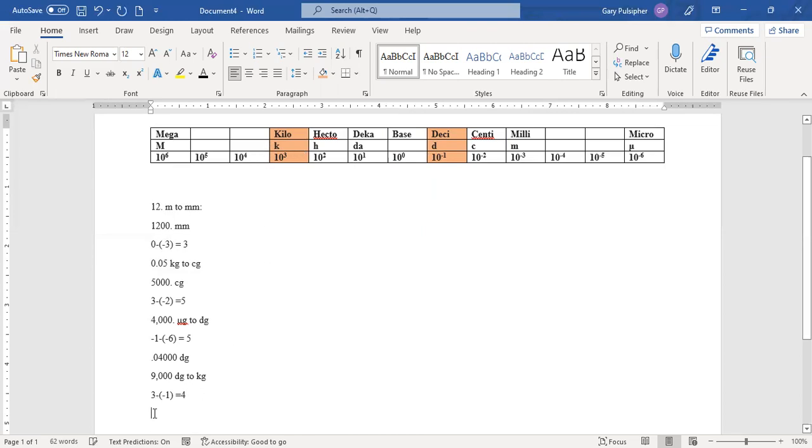So the answer would be 0.9000, right? I started with my decimal right there where the cursor is. I move 1, 2, 3, 4. So 9,000 decigrams is equal to 0.9 kilograms. And we can count that to see if that's right? 1, 2, 3, 4. So I think these two methods are pretty easy to use.